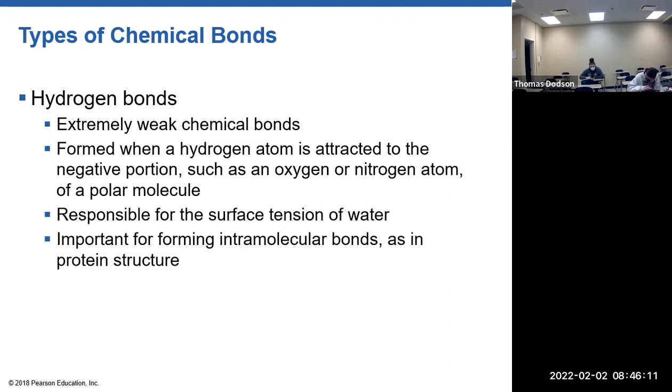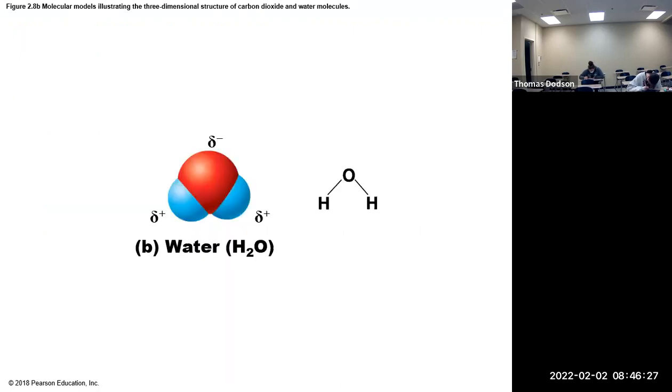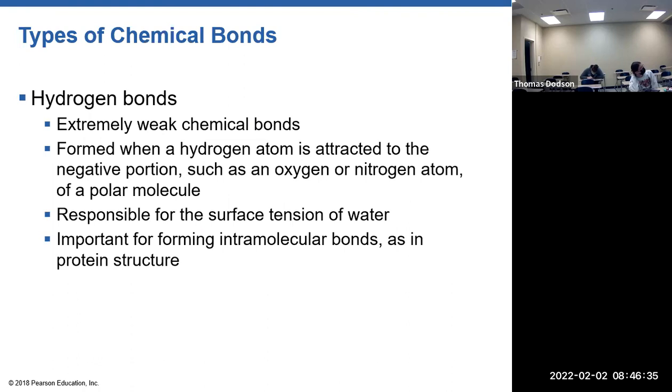So when you've got hydrogen bonds, you've got, for example, a hydrogen atom that is attracted to a negative portion, such as an oxygen. Go back real quick. Do you see this kind of negative side on the oxygen? And then there's that positive on that hydrogen side.